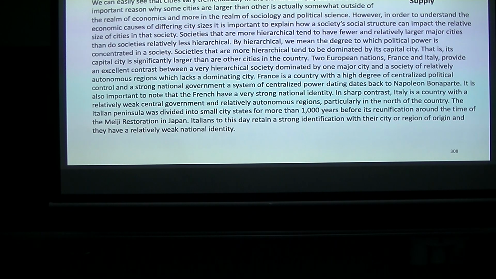Paris has a very high population. It's a very centralized country. Paris controls a lot of the country. There are a lot of reasons: government and business, the bureaucrats, all located in Paris. That's where the action is. To an extent, Tokyo is a little bit like that in Japan, not quite as concentrated.